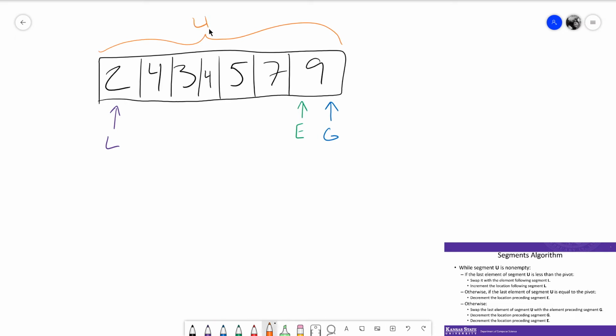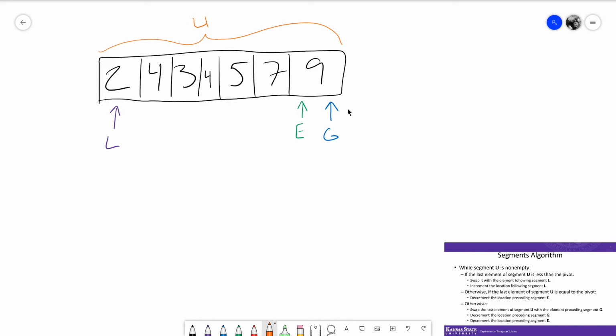This is U initially, right? Because we haven't looked at anything yet. And L is over here off in no man's land, and same thing for E and G, because there's nothing in those segments yet. So let's start looking at our elements.